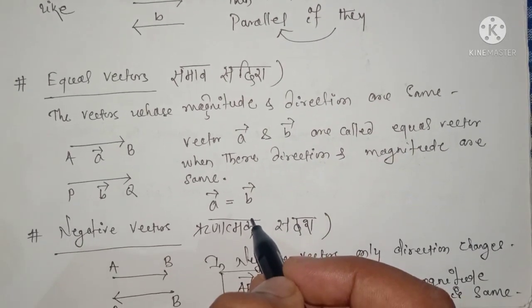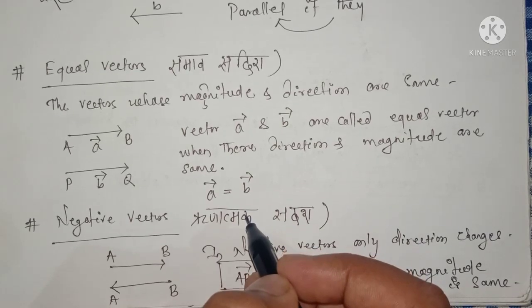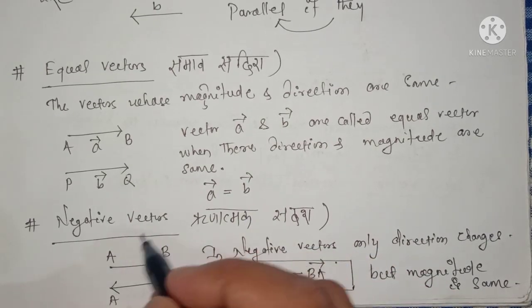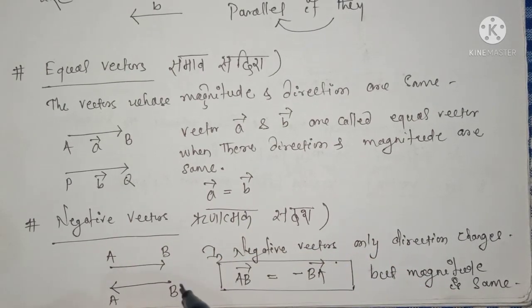Okay students, so now we will discuss negative vectors. As you can see, there are two vectors, vector AB, but the arrow is different here. This is west to east, and the arrow is towards the east direction, and here the arrow is towards the west direction.